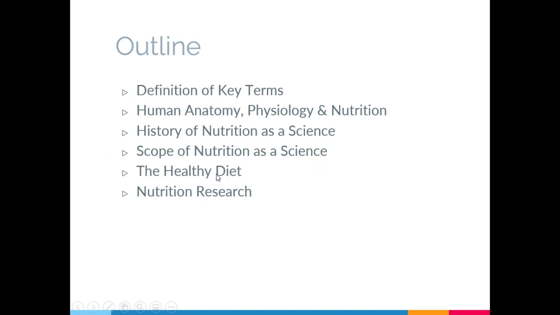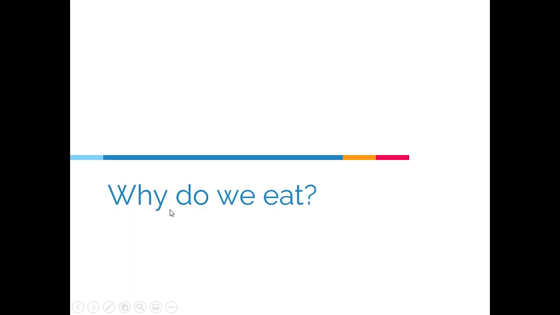So I'm just going to define what is a healthy diet, and I will also provide a background on the current status of food intake of the Filipino people according to the National Nutrition Survey, and of course some background on nutrition research.